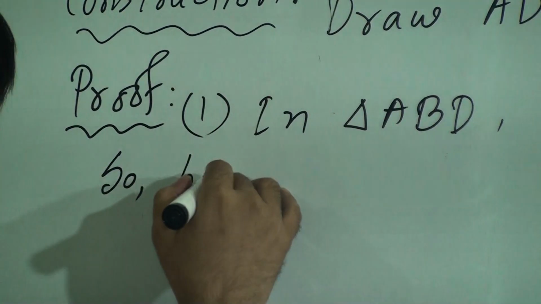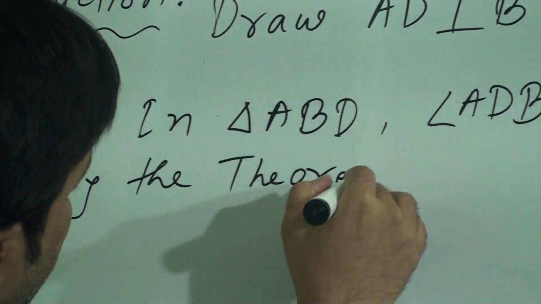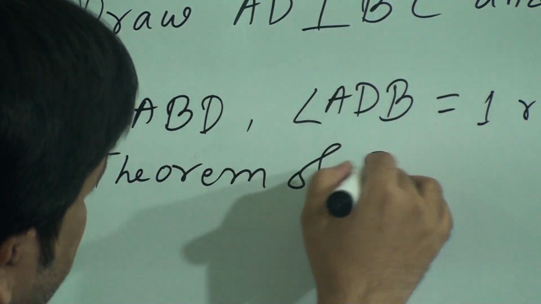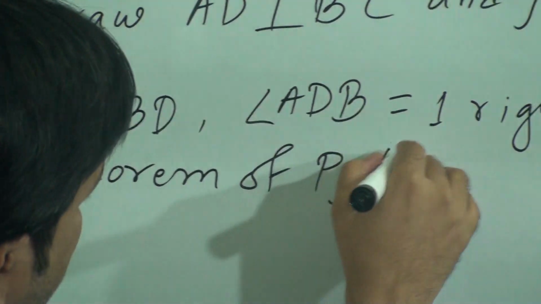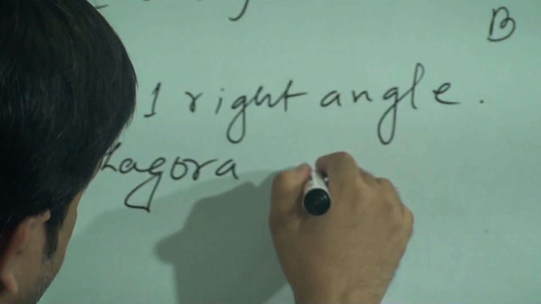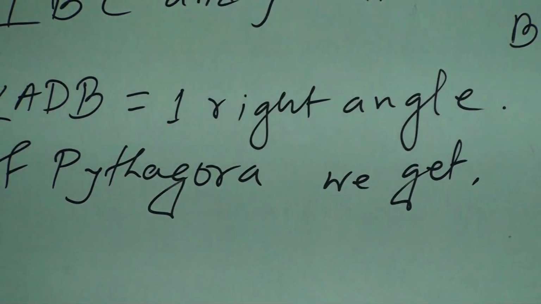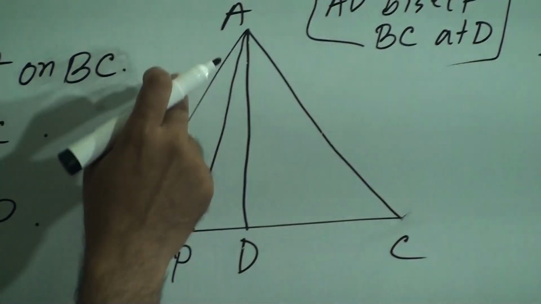So by the theorem of Pythagoras we get the square drawn on the hypotenuse, AB.